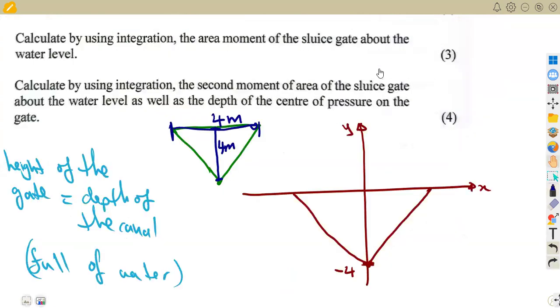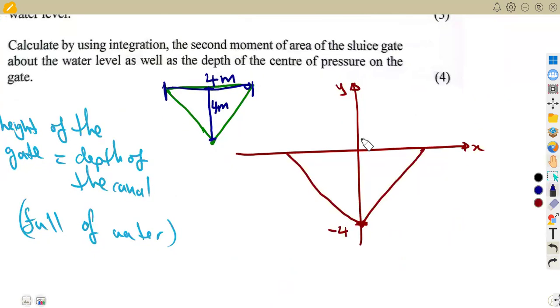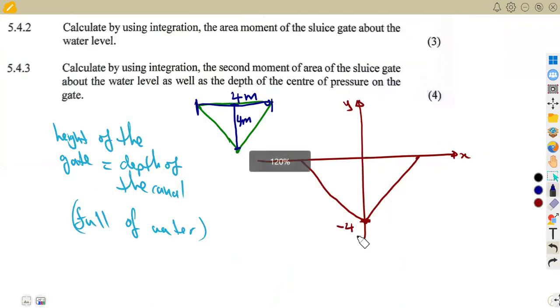So if it is 4 meters, and we know that the y-axis divides our shape into 2 equal parts. It's an isosceles triangle. So it's divided into 2 equal parts. So instead of us having 4 meters, we are going to have what? Divide this by 2. So it's going to be 2 meters this side, 2 meters this side, so that we can have a point here.